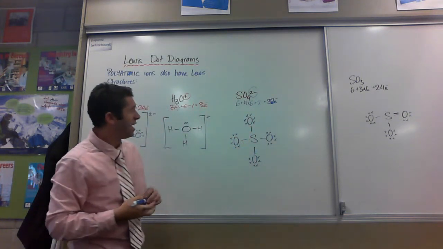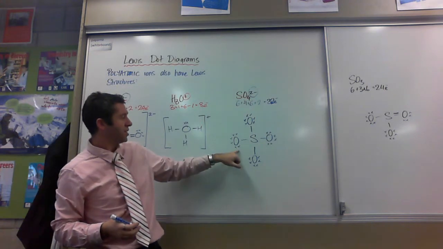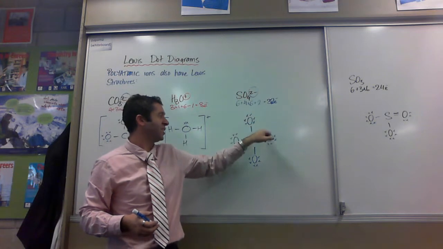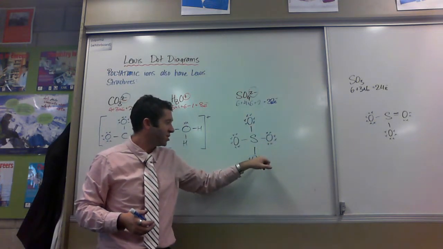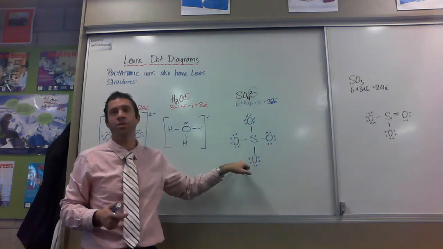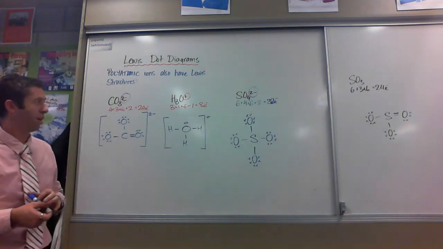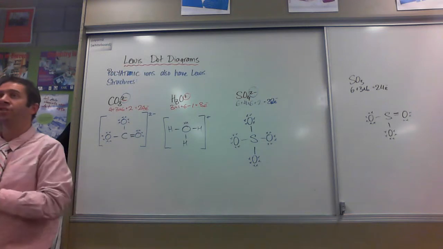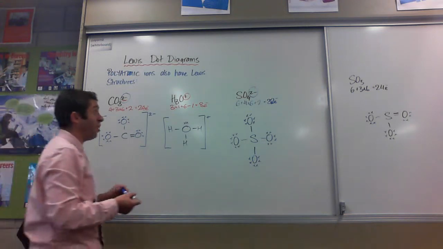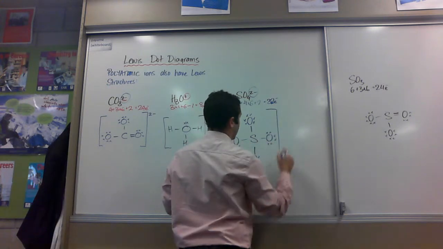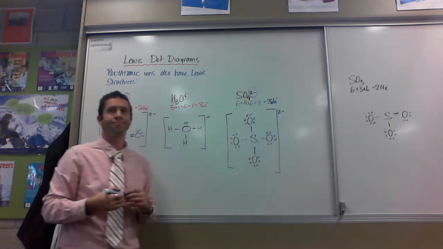And if I look at that, I've got 2, 4, 6, 8, 10, 12, 14, 16, 18, 20, 22, 24, 26, 28, 30, 32. That should be fine. I need 32 electrons, I've got 32 electrons. If I put the square brackets and 2 minus with it.